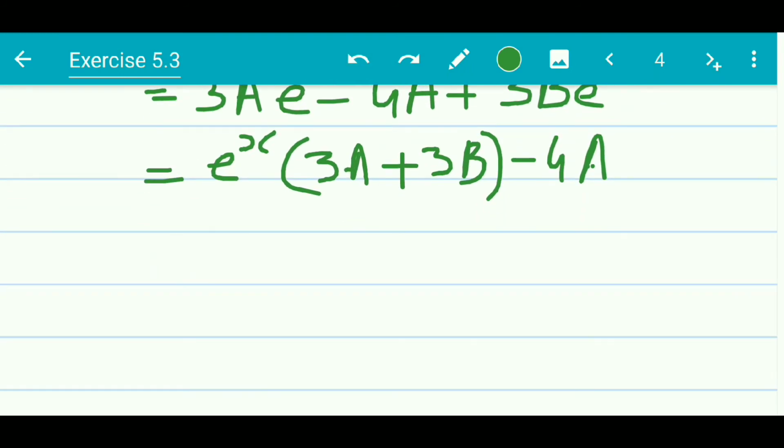Then in the next step, from the LHS we have 20 minus 12 e raised to x, and on the RHS we have these two terms.